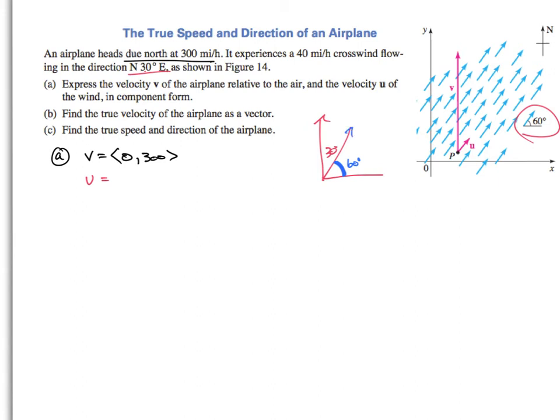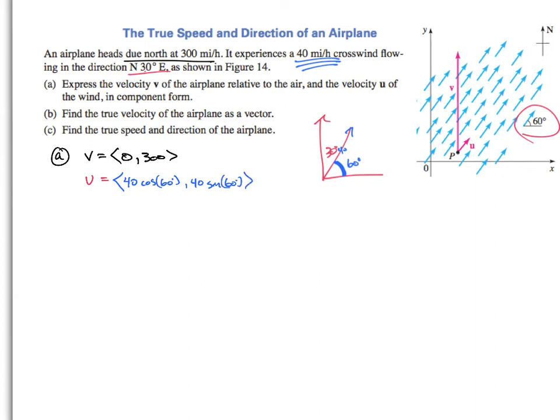But the 300 due north, you should be getting that part. Now we're going to use 60 degrees as that component. And what would be the magnitude for this angle of 60? 40. And so how do I find my x component? So 40 cosine of 60, comma, magnitude, sine of 60.